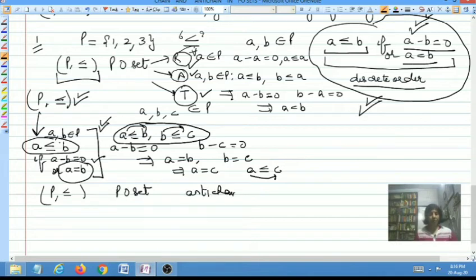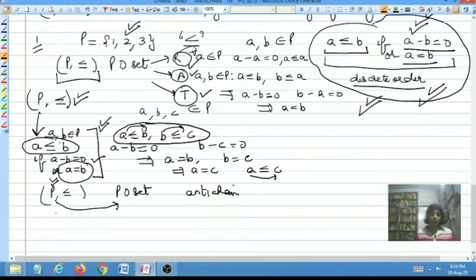So a general remark which can be made in this context is that given any set P, not necessarily this set of 3 elements 1, 2, 3, because as such they are not playing any role, you can make it a PO set by defining the discrete order on it, which means this particular relation which I have just written.